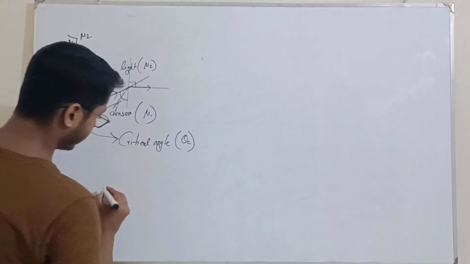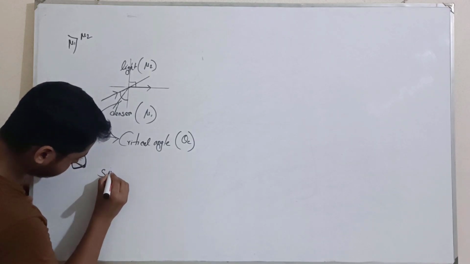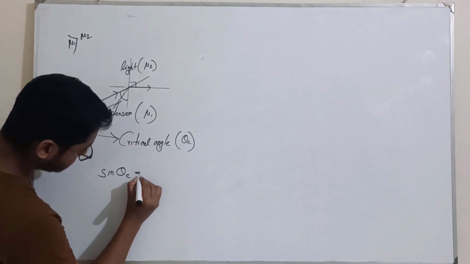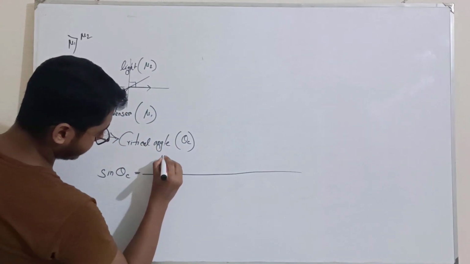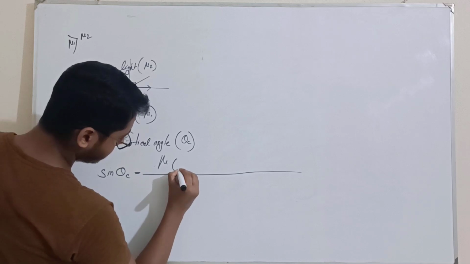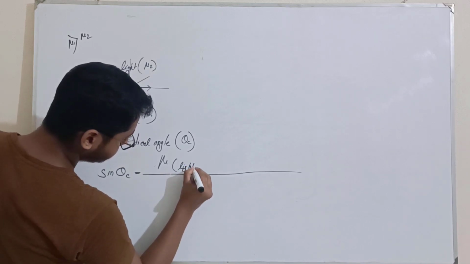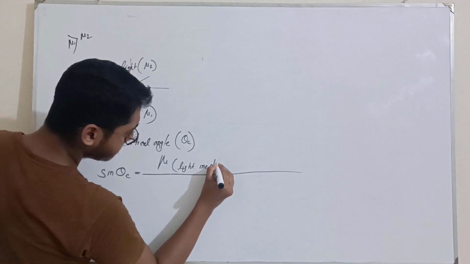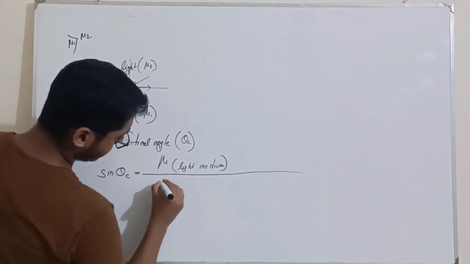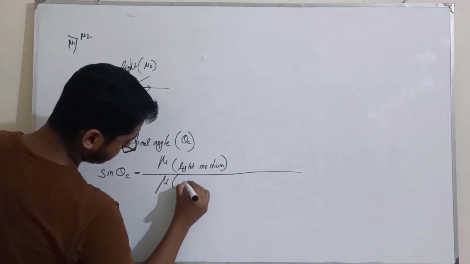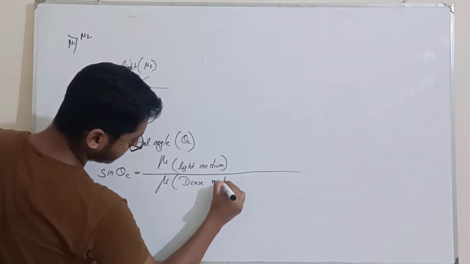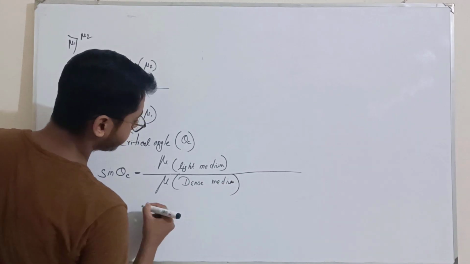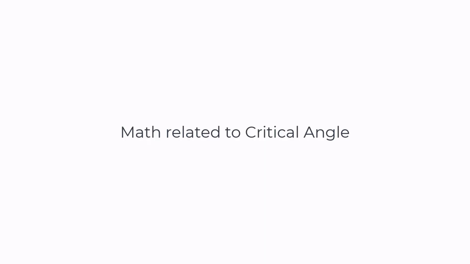The formula for finding the critical angle is sin theta c is equal to the refractive index of the lighter medium divided by the refractive index of the denser medium.